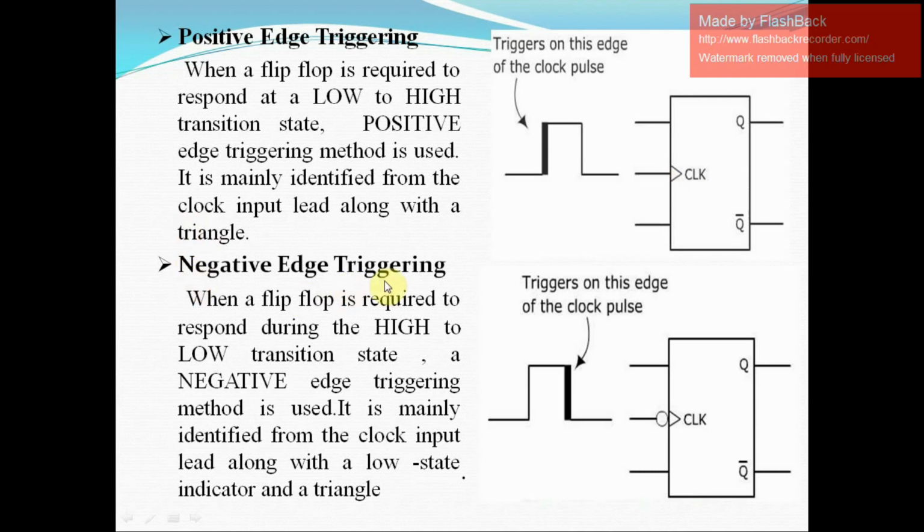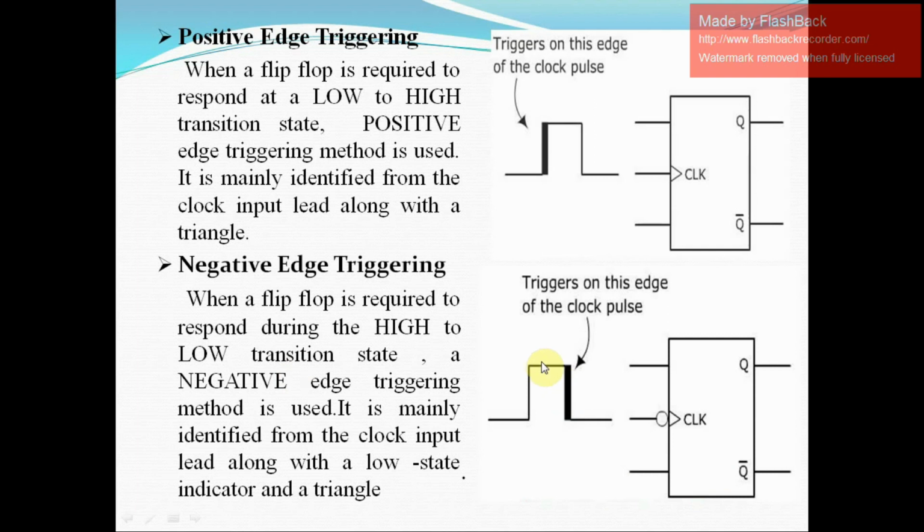Another type of clock is negative edge triggered. When a flip-flop is required to respond during the high to low level transition, and this is the low to high level transition, a negative edge triggering method is used. It is mainly identified by the clock input lead along with the low state indicator.